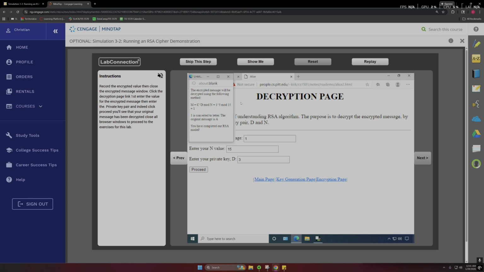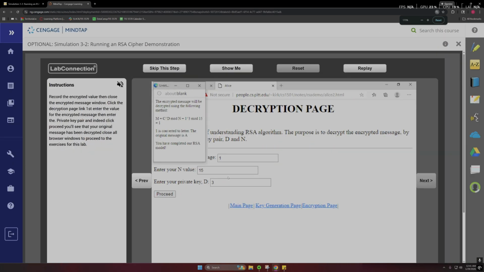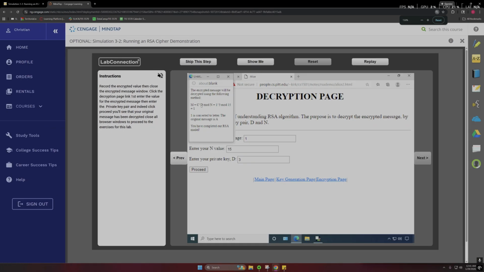Okay. The encrypted message will be decrypted using the following method: m equals c to the power d mod n, which is 1 over 3 mod 15 equals 1. 1 is then converted to a letter.